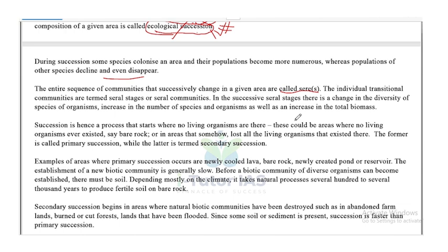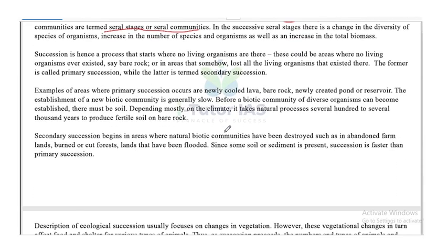The individual transitional communities are termed seral stages or seral communities. In the successive seral stages, there is a change in the diversity of organisms, an increase in the number of species and organisms, as well as an increase in the total biomass.